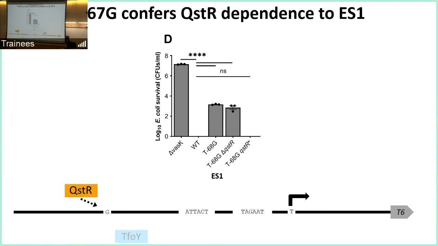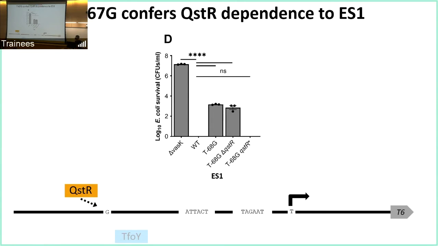And then when I knock out CRISPR, which is the regulator in HS1, it doesn't really affect the killing. When I overexpress CRISPR, it kills again. So by making a T to G change, I was able to convert type 6 to be an inducible killing mechanism. And that is CRISPR dependent, right?